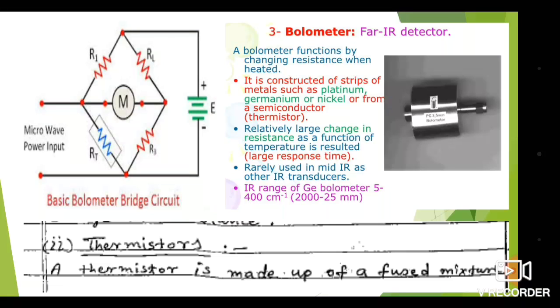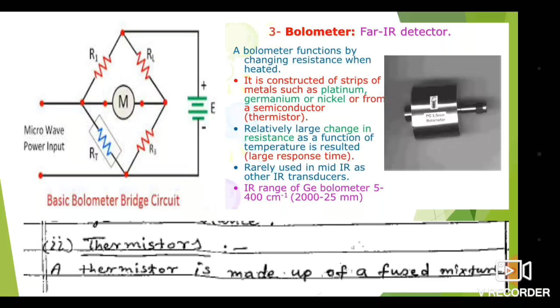Let's see how the bolometer circuit looks. It is a basic bolometer bridge circuit, with a resistance, one battery, and a current measuring device.